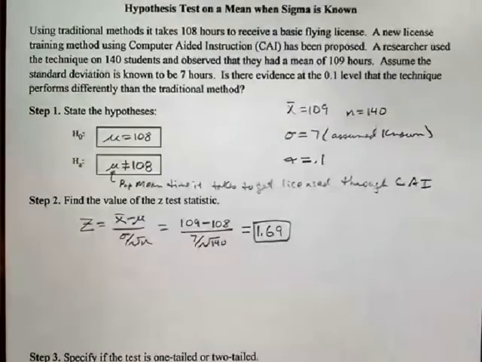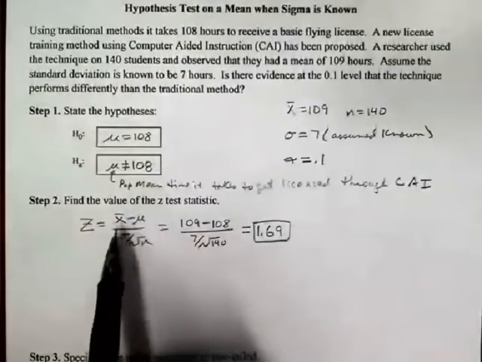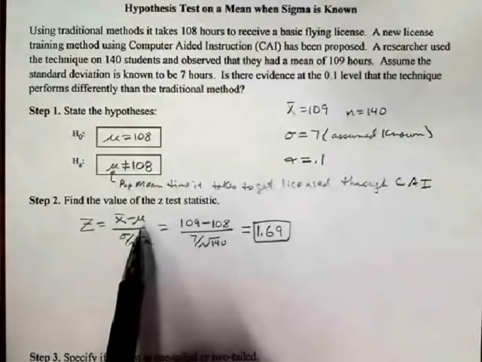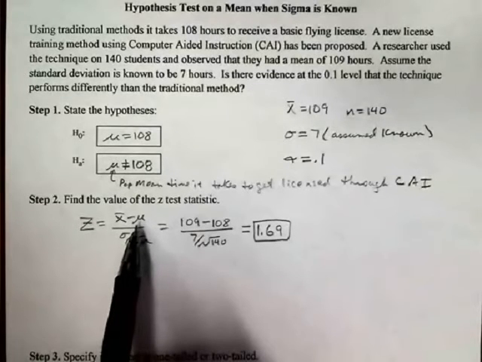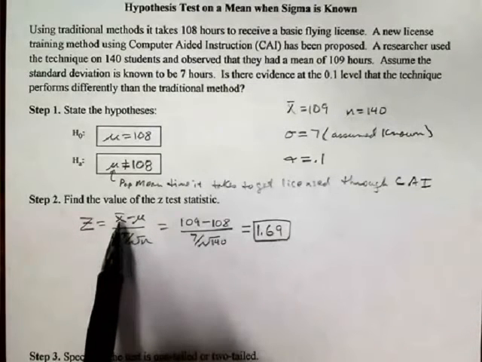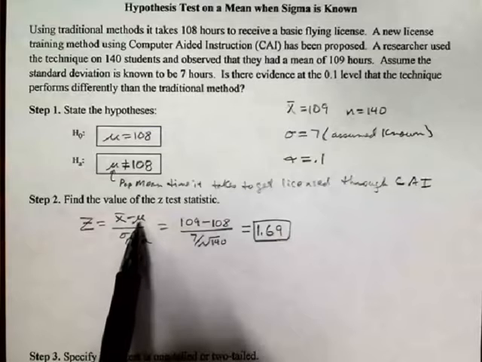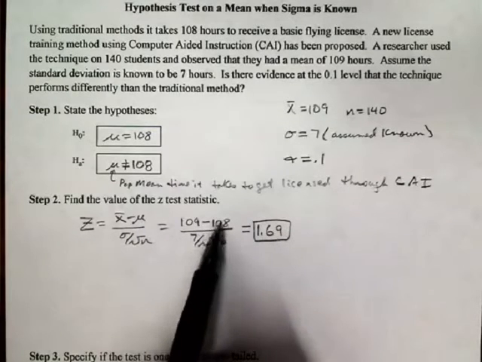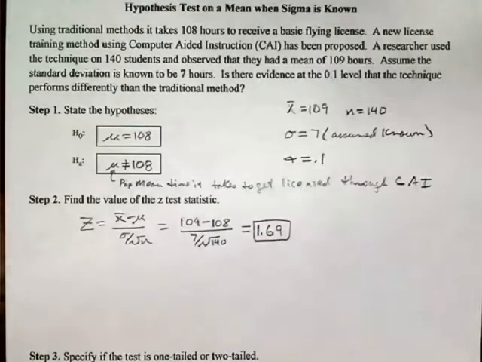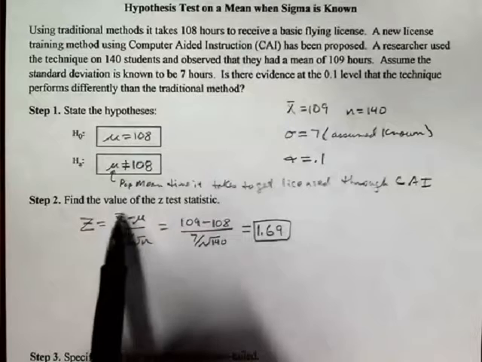And if we think about this, what is it? Well, x bar minus mu is the raw distance that the sample mean is from the mean under the null hypothesis. Okay, so the raw distance is 1. Well, in statistics, we like to measure distance in terms of standard deviations. And so what I do here is I standardize x bar.